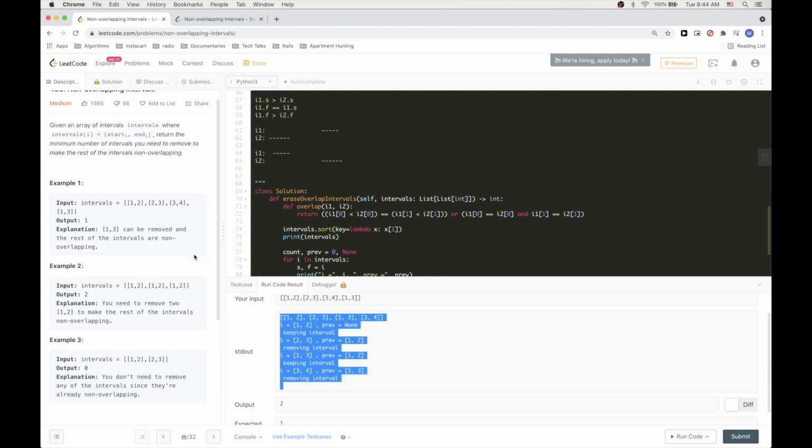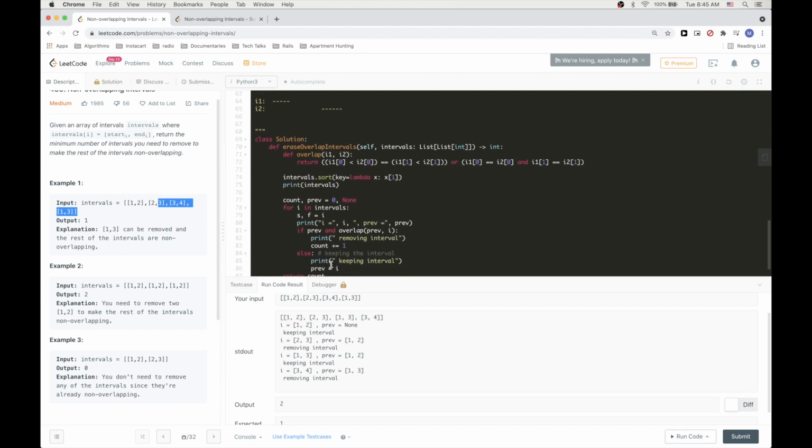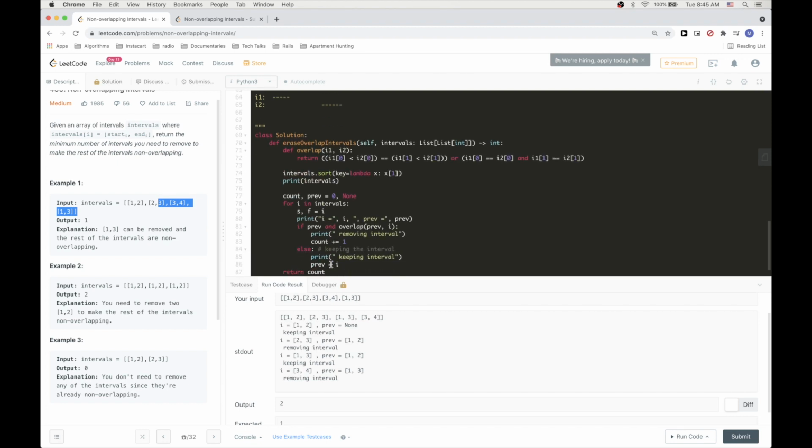So for the second one, we should remove only 1, 3, but it's saying that we need to remove 1, 2, even though it has no. Sorry, 2, 3. 2, 3 is equal to the finish time. 2, 3, the start is equal to the finish time, right? So equal.